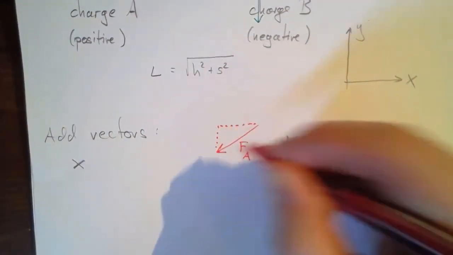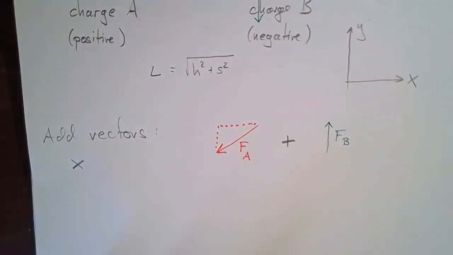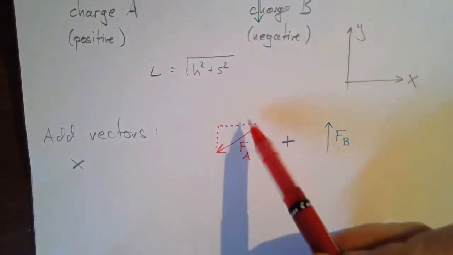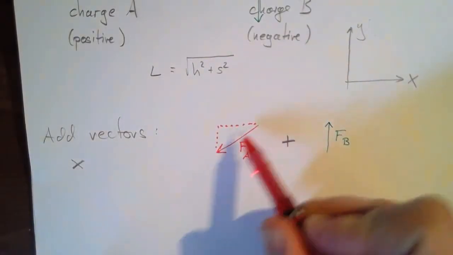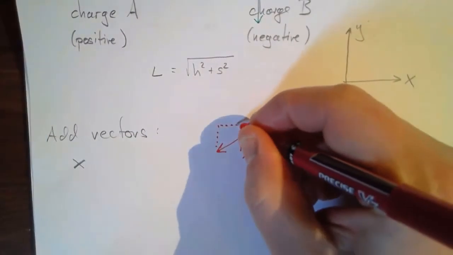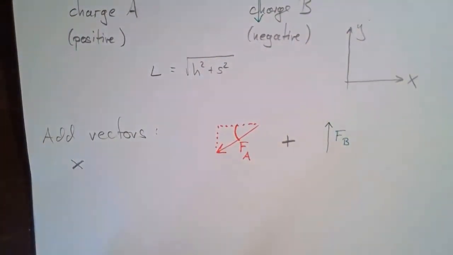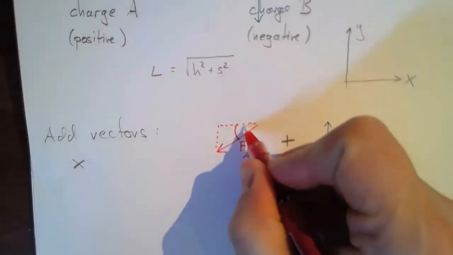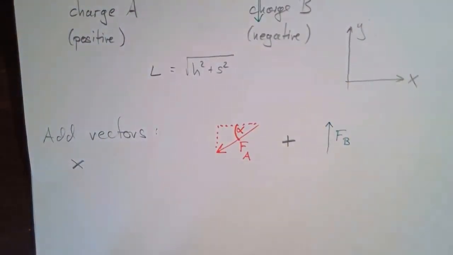So I'm going to draw the components. Now, I don't really know the angles yet. Let me call this angle here alpha. I could have called it theta, but I want to call it alpha.